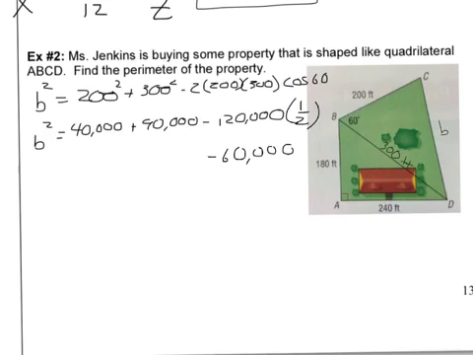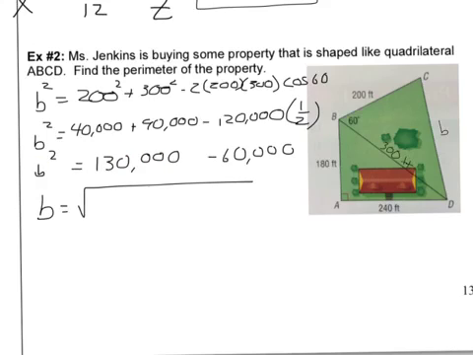And 40,000 plus 90,000 is 130,000. So I got b squared equals 130,000 minus 60,000. I should take the square root of both sides, giving me b all by itself equals the square root of whatever this minus this is, which is 70,000. All right, I'm ready to go to my calculator because I don't know what the square root of 70,000 is.